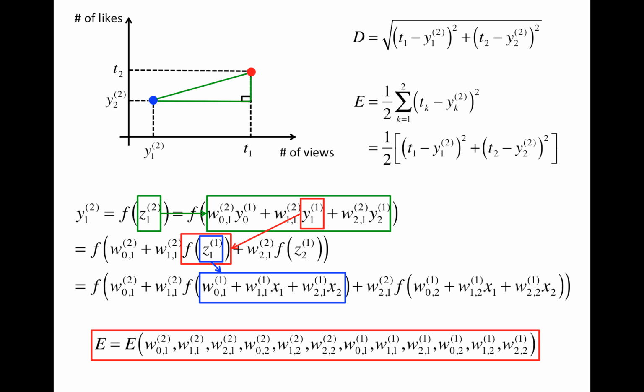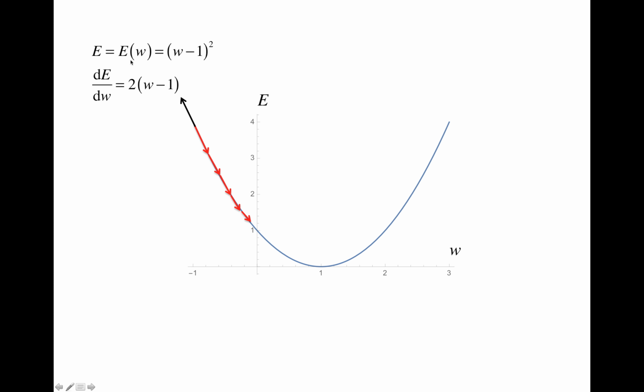So if the relation between the error and the weights W is simple enough, for example, if in this particular example we're looking at, the error depends upon just one weight and the relation is very simple, then for this kind of simple relation, we can obtain the derivative analytically.